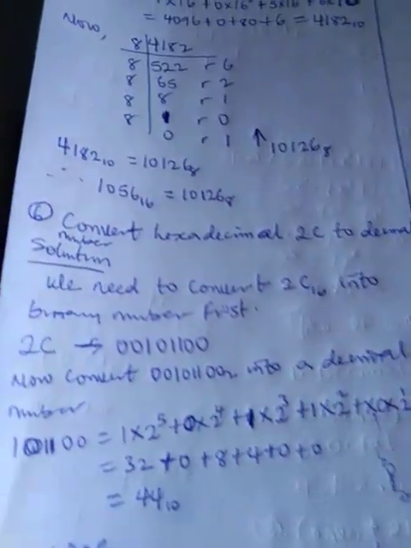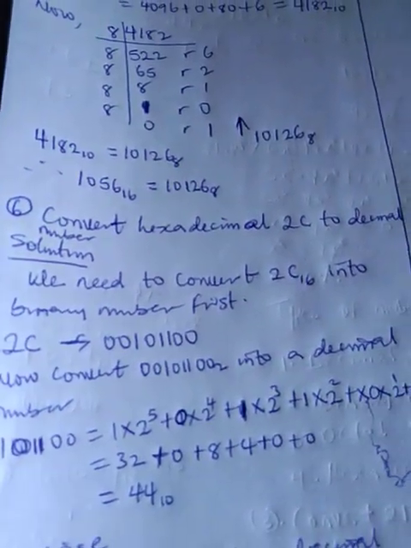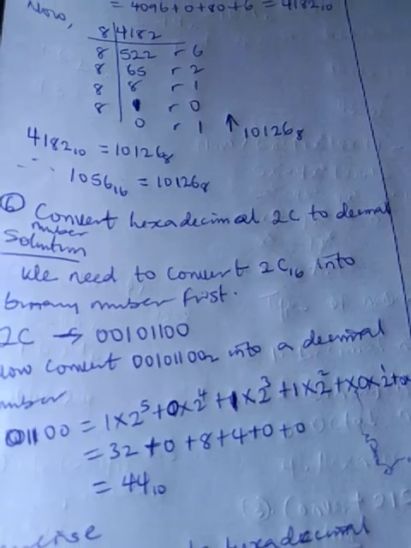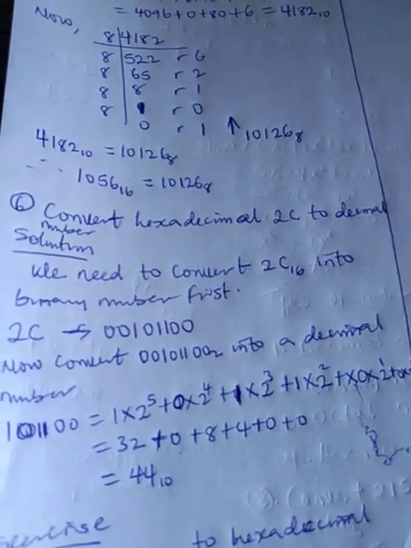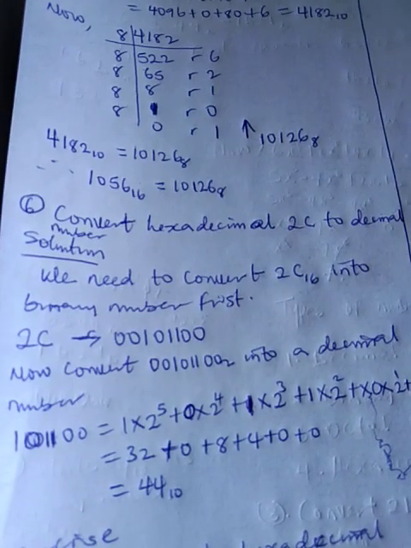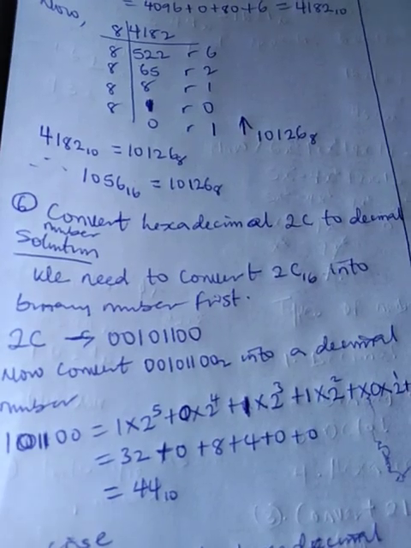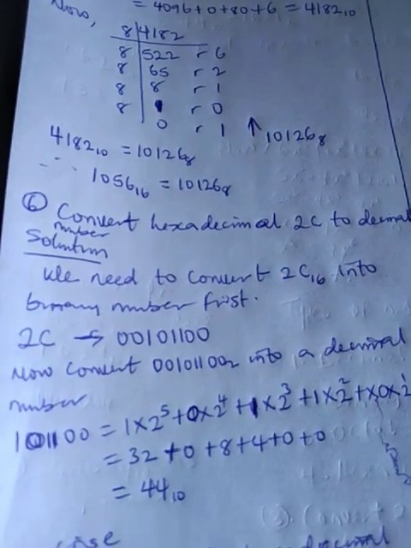Now further, number 6, convert hexadecimal 2C to decimal. Okay, we need to convert 2C in base 16 into binary number first.